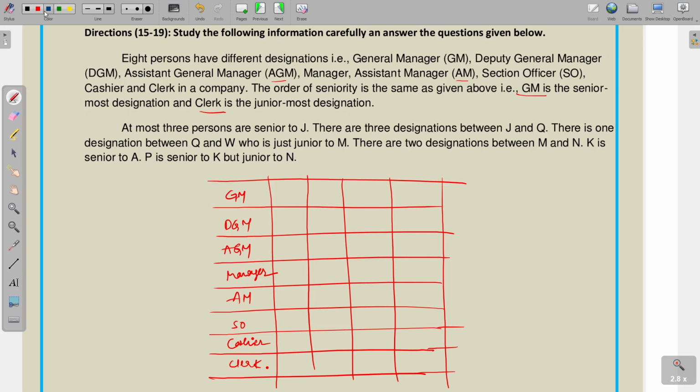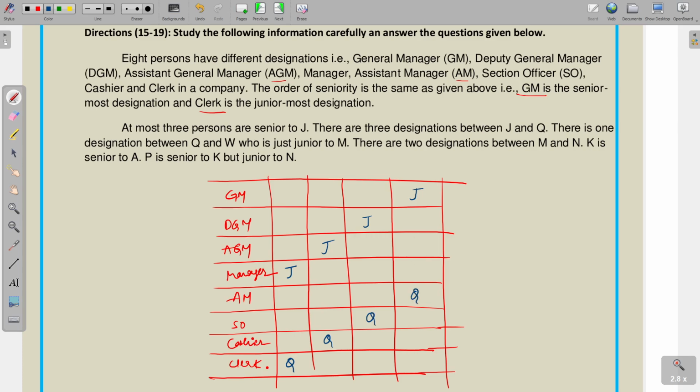See the first one, at most 3 persons are senior to J. So at most 3 persons are senior to J: 1, 2, 3. So here 3 persons are senior, 2 persons are senior, 1 person is senior, and none is senior. At most means that. Next, there are 3 designations between J and Q. So 1, 2, 3, and Q is placed here.